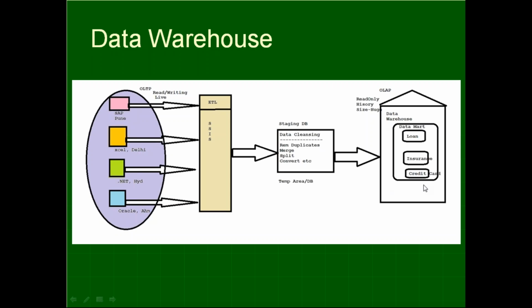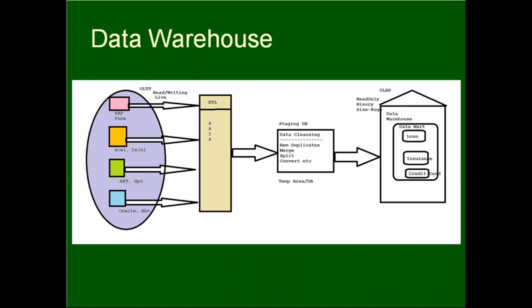OLAP, as I told you, is historical data. That means last 1 year of data or last 10 years of data, you will be taking and putting it here. And the question is, when should I take the data from here and load it into the data warehouse? Probably you have a 30 to 90 days period.